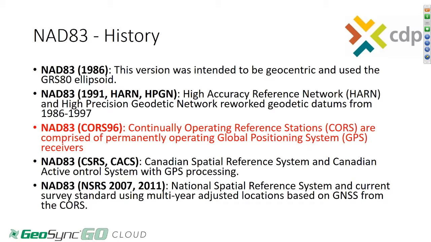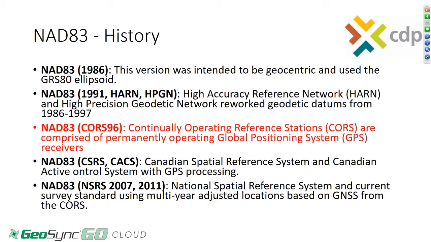So as we go forward from the mid-80s into the early 90s, we ended up with a hard network. So there was GPS surveying of all these monuments, and corrections were taking place. So we got better and better positions. And what they learned in that was that the actual center of that ellipsoid needed to shift a little bit.